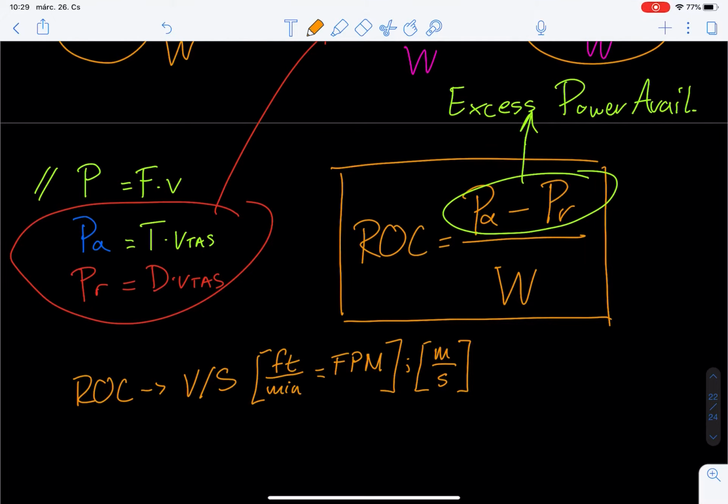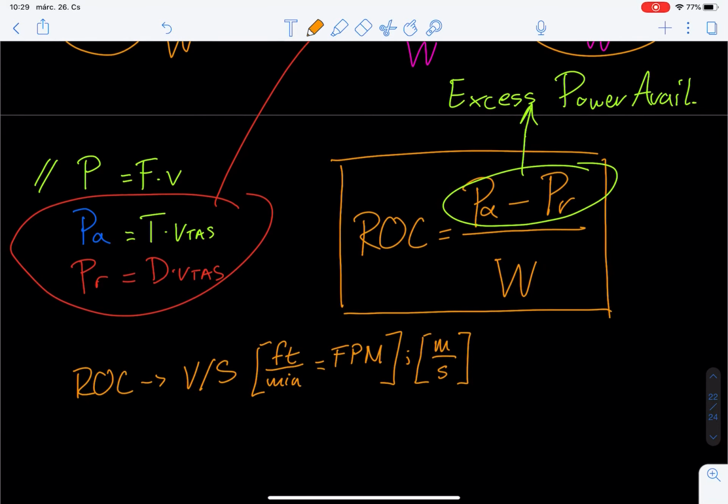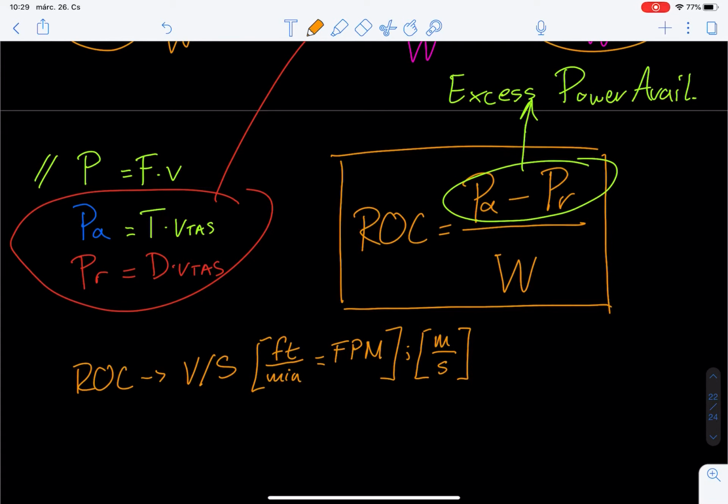Let's take this a little bit further and define the speed where the rate of climb is going to be highest for any given airplane. You remember that for the angle of climb we had a speed where the angle of climb was greatest, called Vx. If the pilot maintains Vx, they get the best angle of climb from the aircraft.